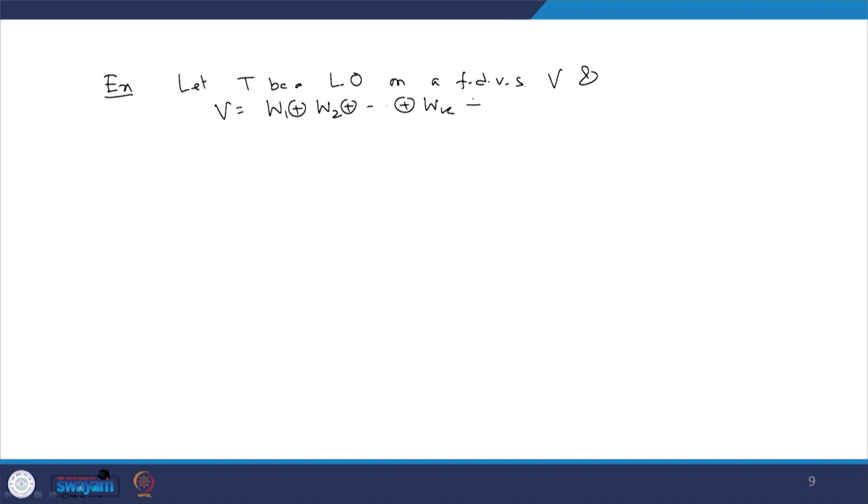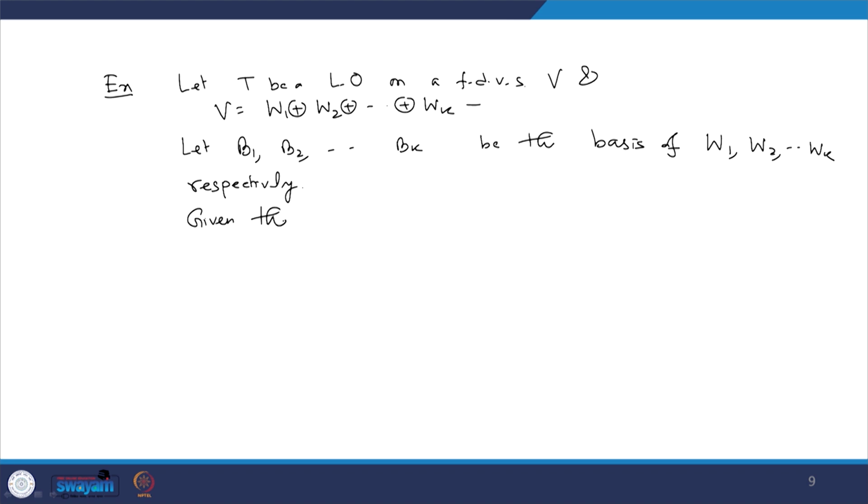Let B 1, B 2, B k be the bases of W 1, W 2 and W k respectively.